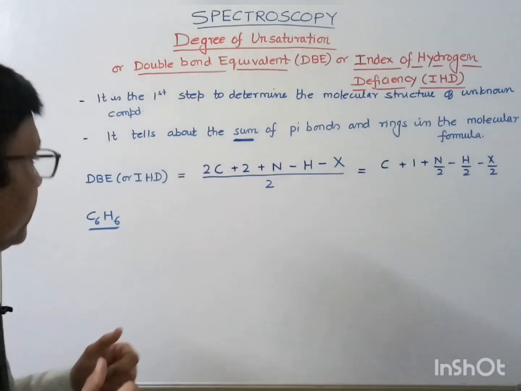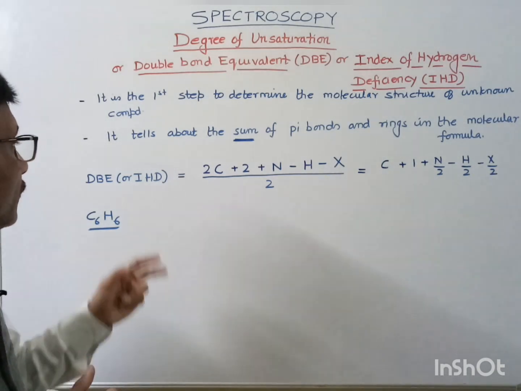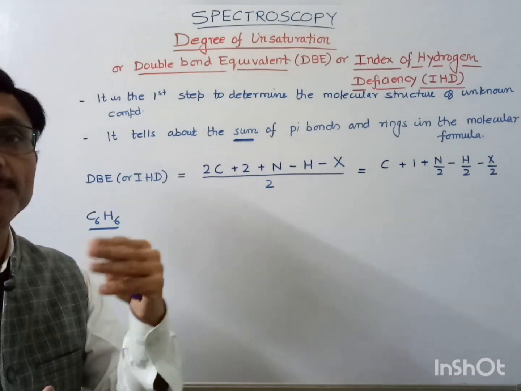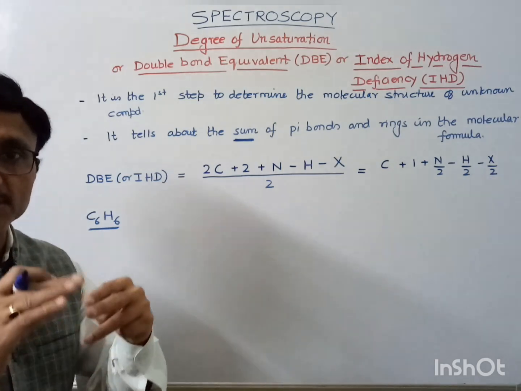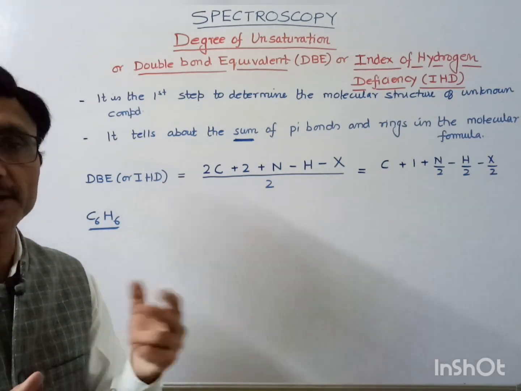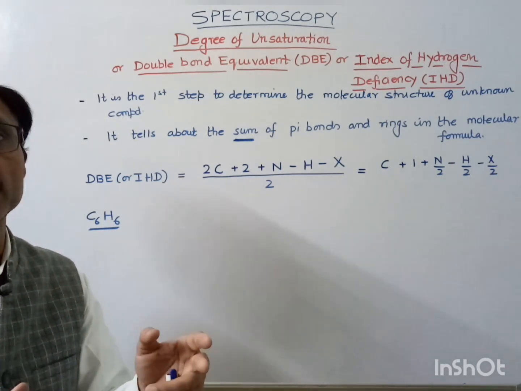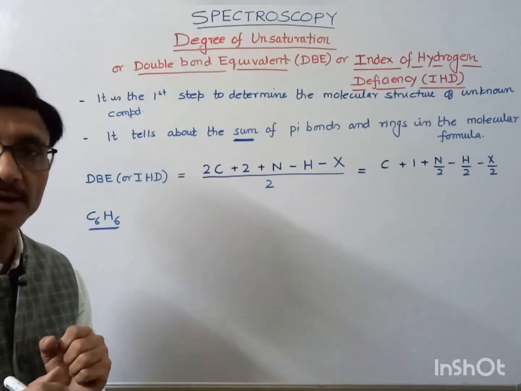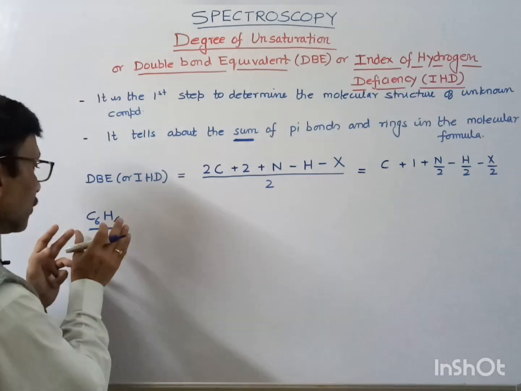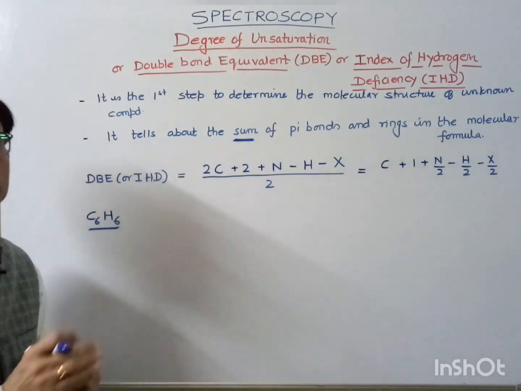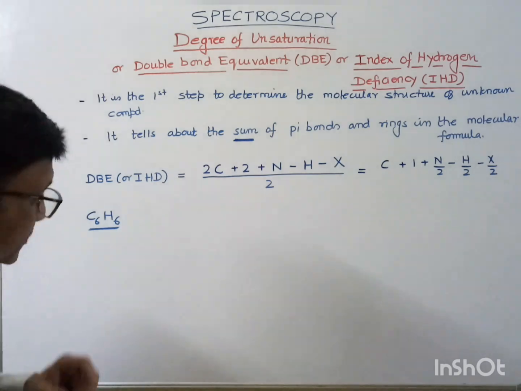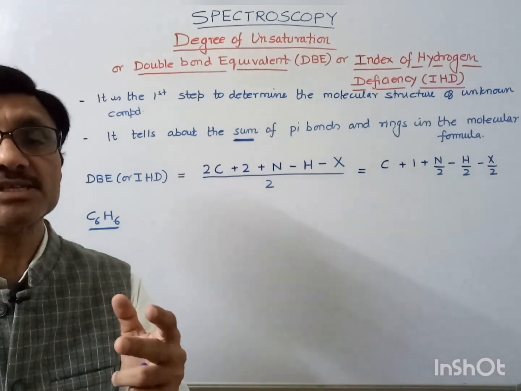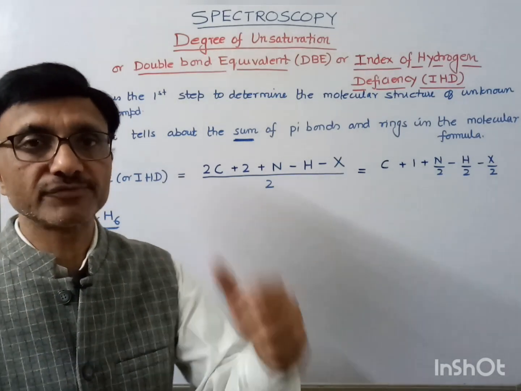That can only be determined if we determine the DBE, as well as interpret the spectral data, that is IR data, UV data, NMR data, and mass spectral data. Then only we can determine the exact structure of this C6H6, because C6H6 is not only benzene, it may also have some other structure.